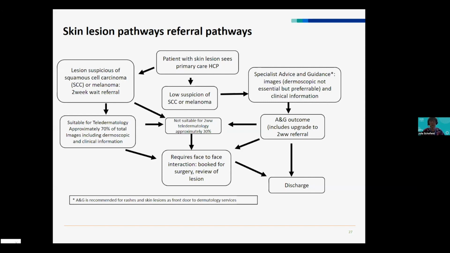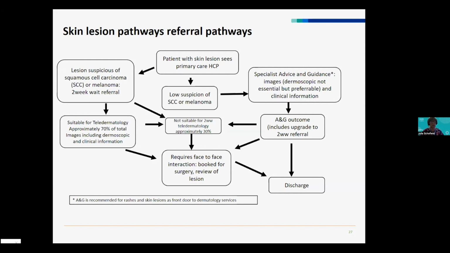If there's a low suspicion of that, then we are using specialist advice and guidance now in most of the dermatology departments. This is basically a service that GPs can use, primary care clinicians can use. It's a two-way interaction supported by images, whereby we look at the pictures and read about the history. If we think it's fine, we can just say, oh, that's fine.